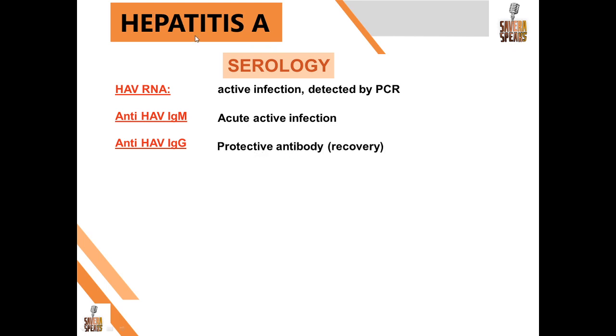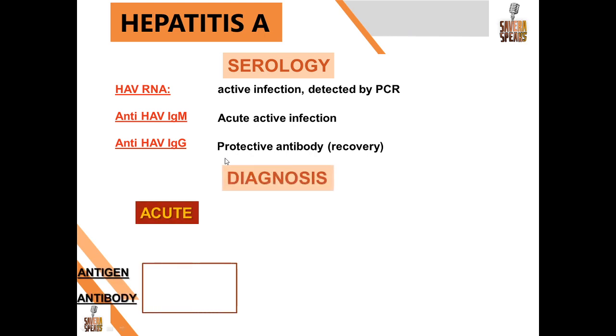Since hepatitis A virus does not cause chronic disease, this IgG in this case is a protective antibody, and it indicates the recovery of the patient in hepatitis A as well as in hepatitis E. So IgG is a protective antibody in hepatitis A and hepatitis E virus.